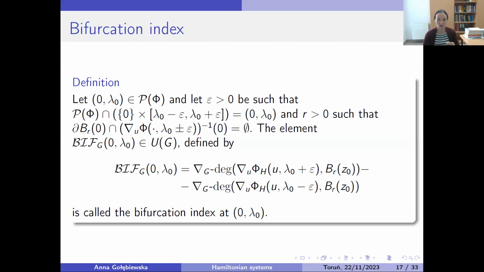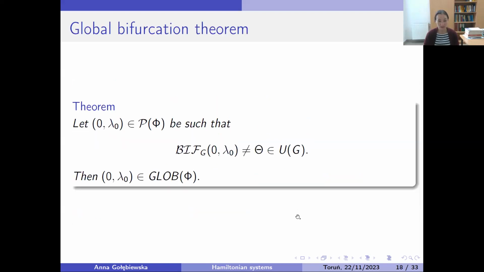Then for a sufficiently small disk, we compute the degrees, and we have the difference of the degrees. So in fact, for a point at which we want to check the bifurcation, we compute the degree above and below. And if the degree changes, the bifurcation is non-trivial, and we expect bifurcation. And in fact, this is the theorem. The theorem says that if the bifurcation index is a non-trivial element of our Euler ring U of G, then we can expect bifurcation.